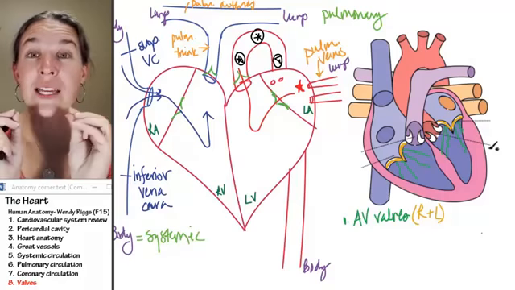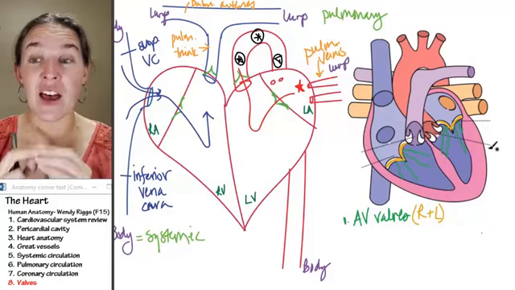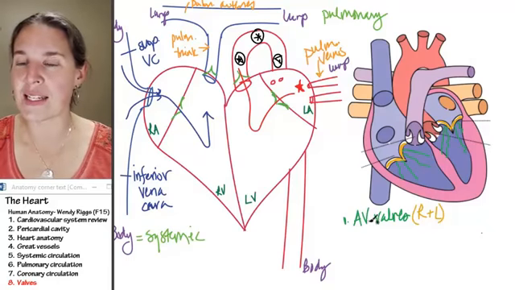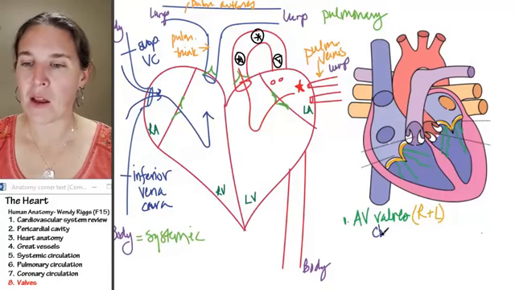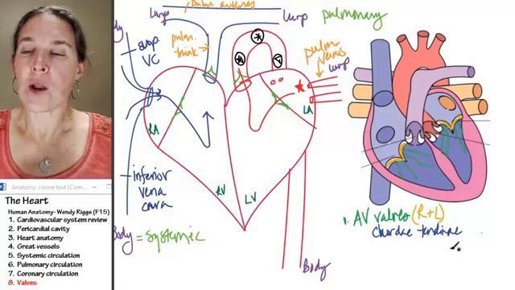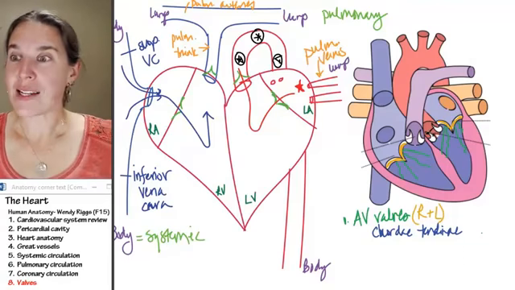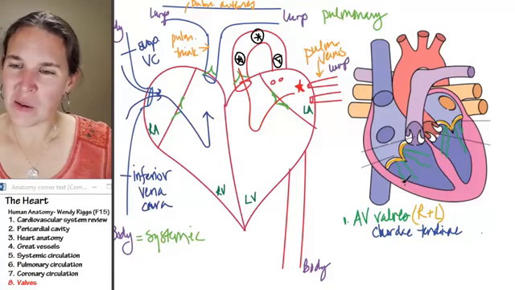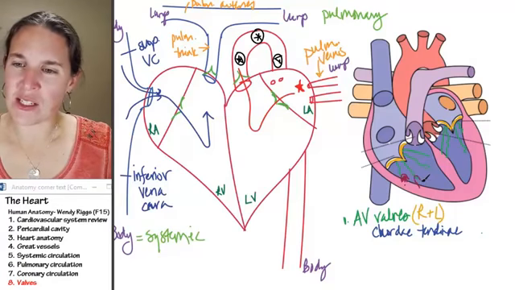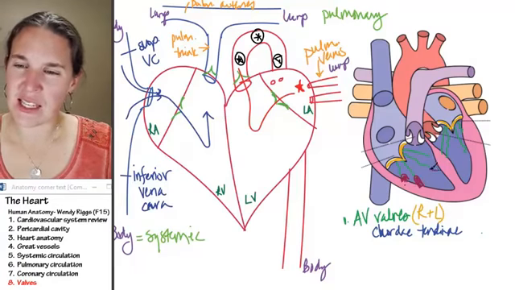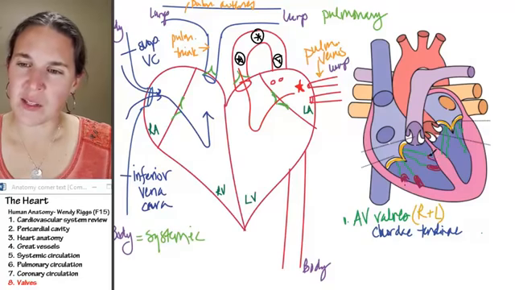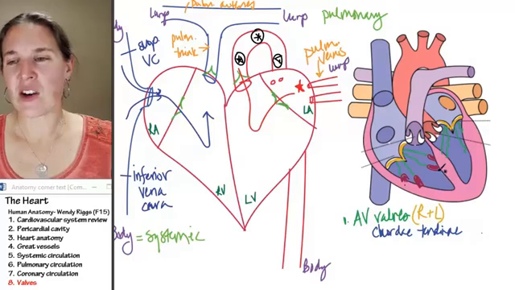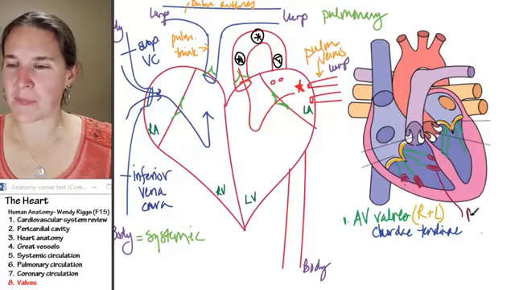They're only found in our AV valves, and they're called chordae tendineae. The chordae tendineae are attached to little bumpy muscle projections of cardiac muscle, and they're called papillary muscles.